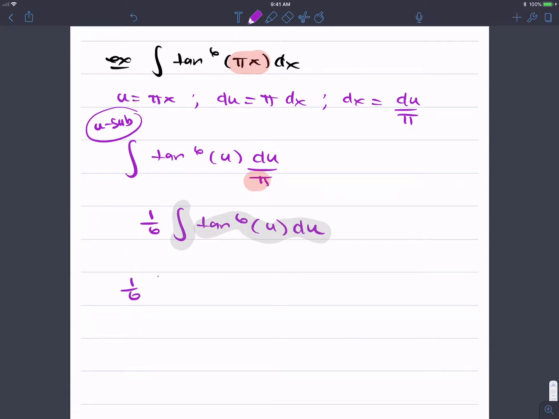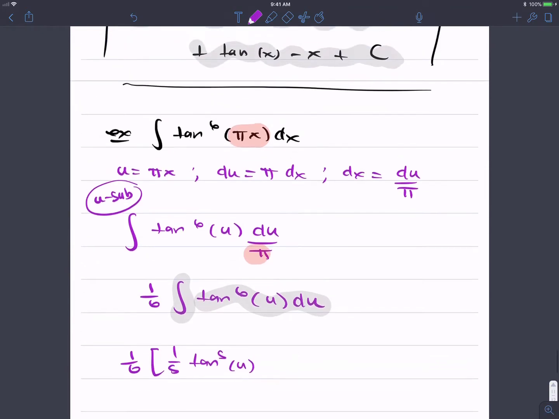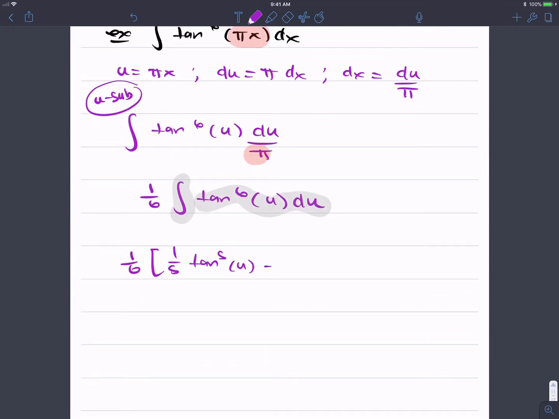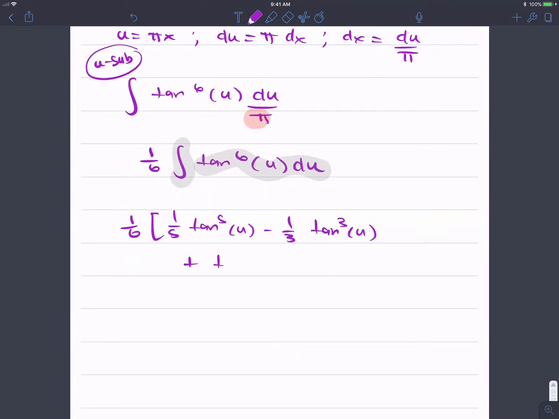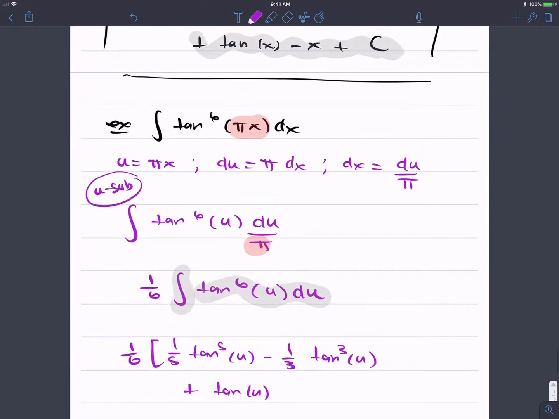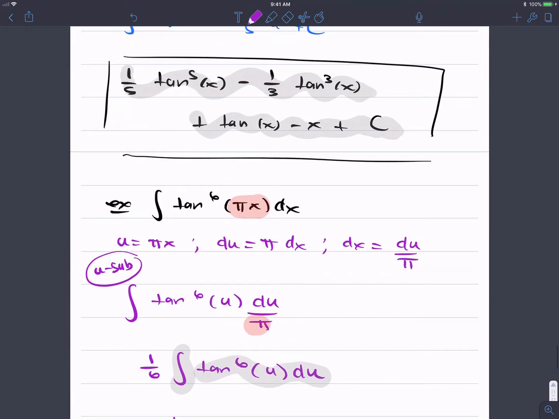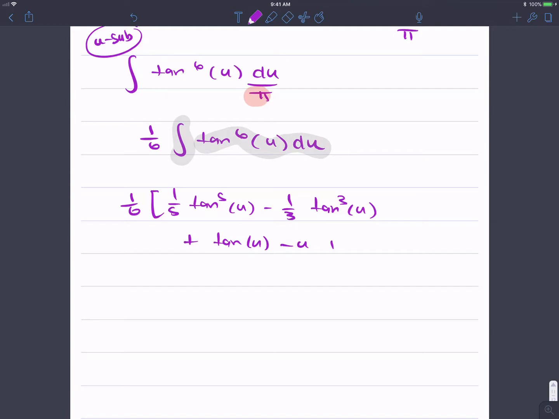This is 1/6 times 1/5 tangent to the 5th power of u minus 1/3 tangent to the 3rd power of u plus tangent of u minus u plus c.